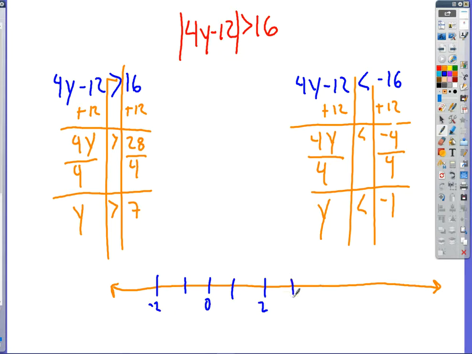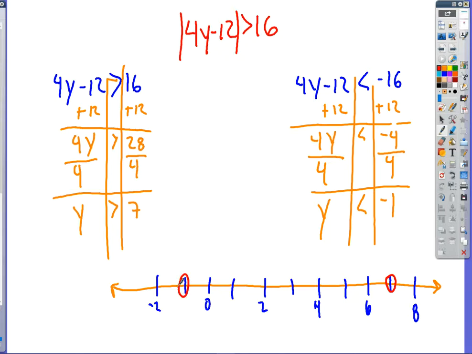That's 2, so there's 3, 4, 5, 6, 7, 8. Will I be using open or closed dots? Open. Which numbers get the open dots? Negative 1 and 7. So I put an open dot for each one of these.